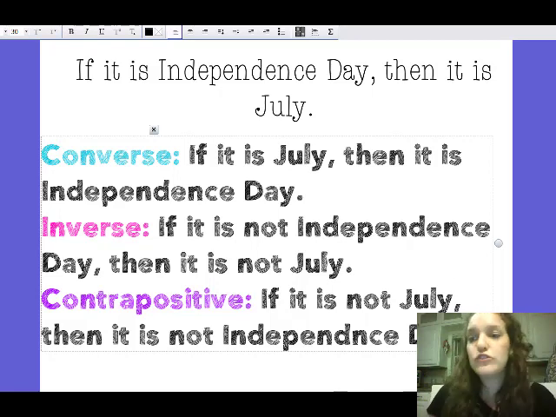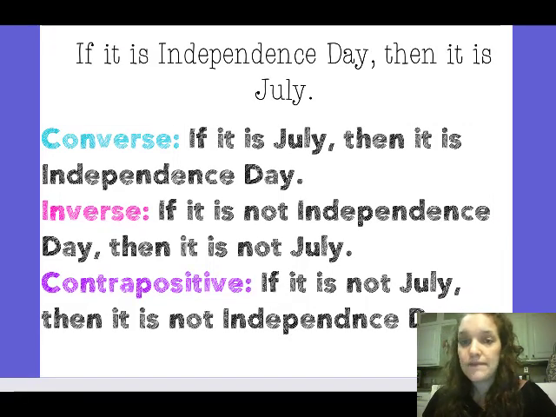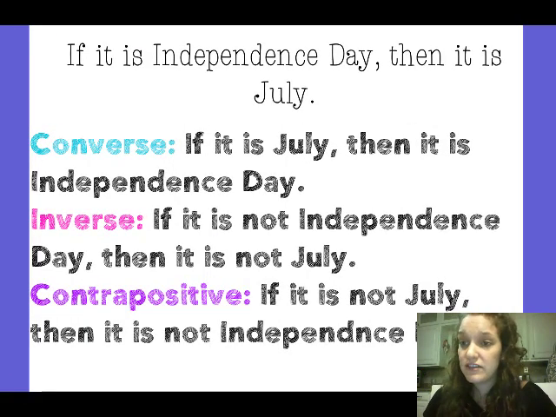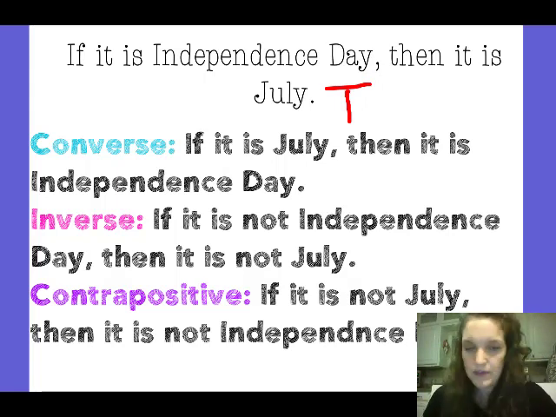So let's talk truth value, because sometimes your original statement might be true and your converse and inverse might not be true. If it is Independence Day, then it's July. This is true, because July 4th is Independence Day. If it is July, then it is Independence Day.